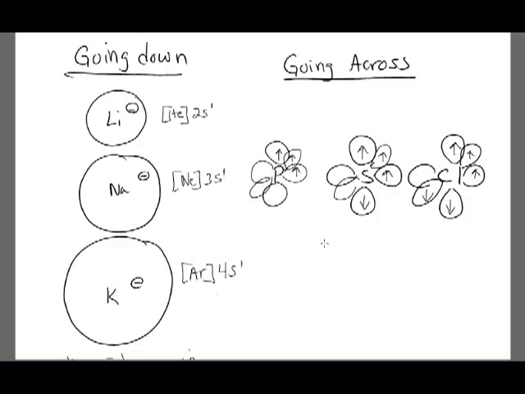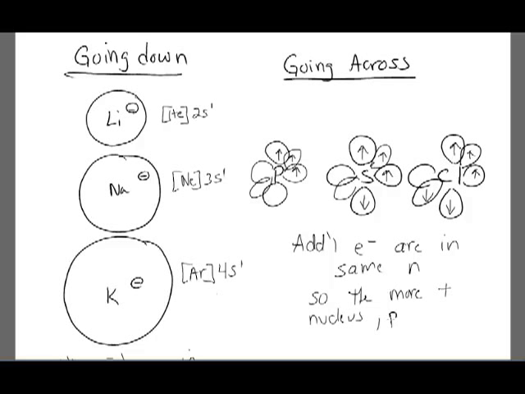So actually, as you go across, the atoms get slightly smaller. You have more electrons, but they're pulled in slightly more tightly by the more positive nucleus. So let's summarize that. As you go across, the additional electrons are in the same N levels, and so the more positive nucleus, okay, you get a more positive nucleus because you're adding protons at the same time, pulls them in tighter.